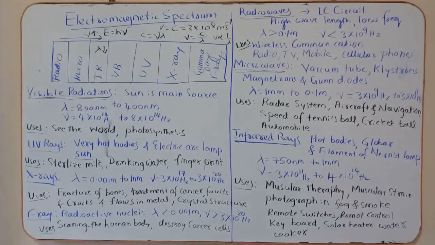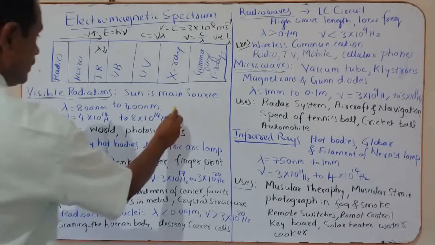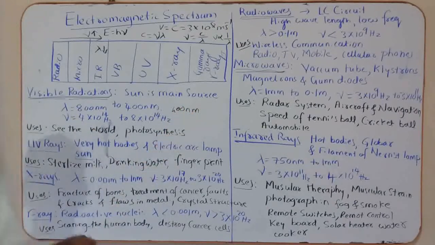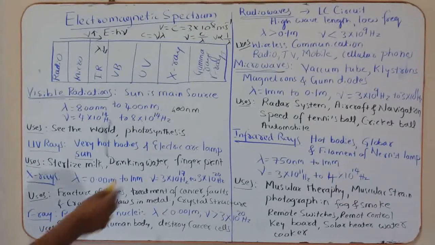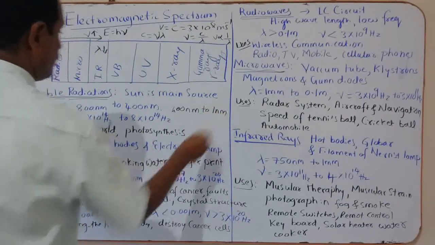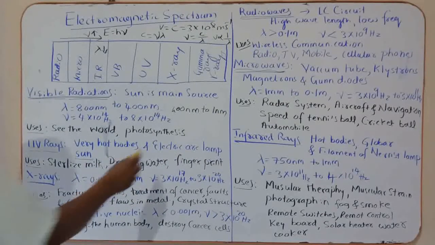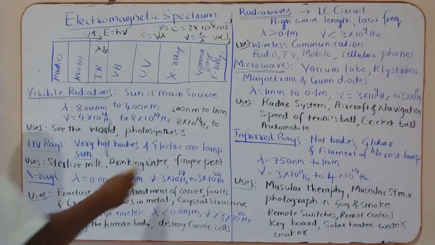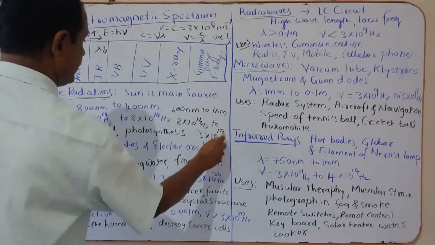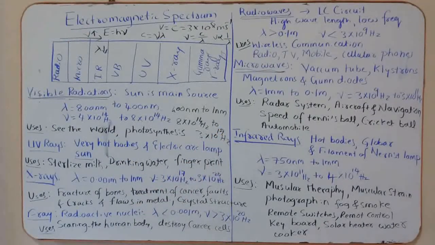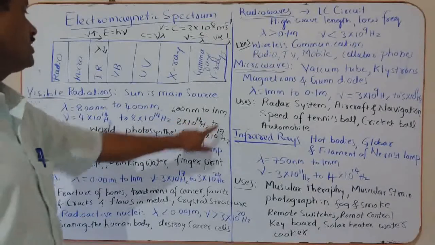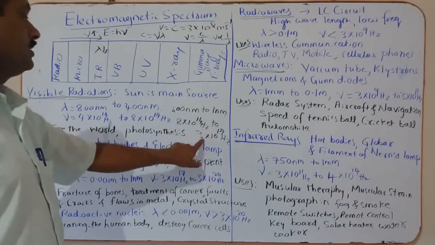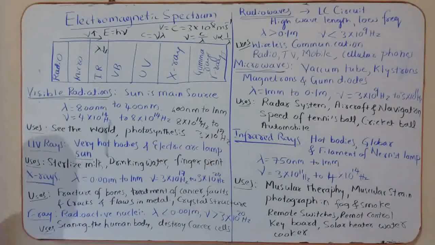The wavelength range for ultraviolet is 400 nanometers to 1 nanometer, and the frequency range is 8 × 10^14 hertz to 3 × 10^17 hertz.